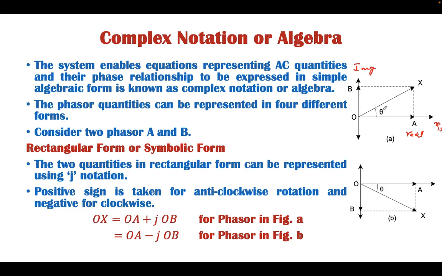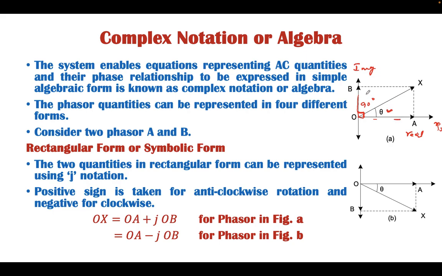When this quantity is resolved along the real axis and imaginary axis, the real component can be analyzed differently, and the imaginary component can also be analyzed differently, and the real and imaginary components are displaced by an angle of 90 degrees. Here the angle is theta.